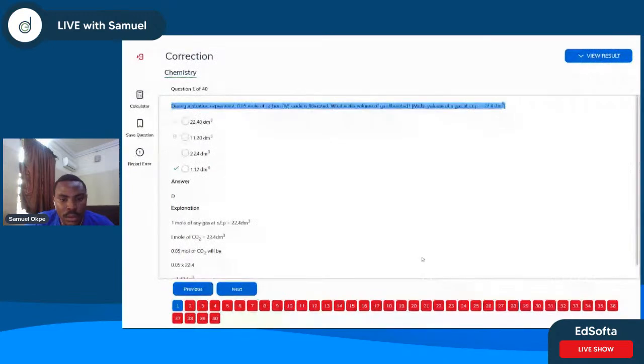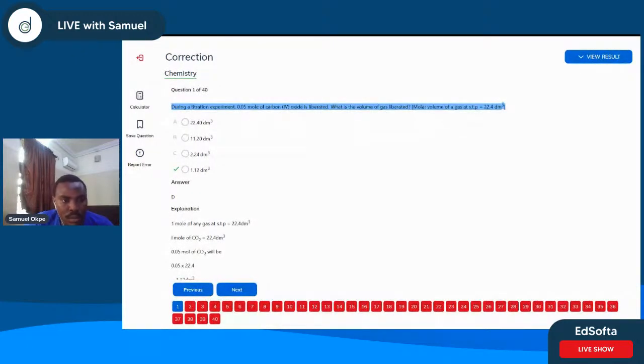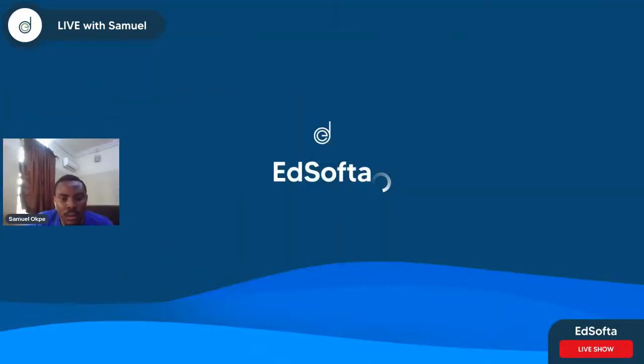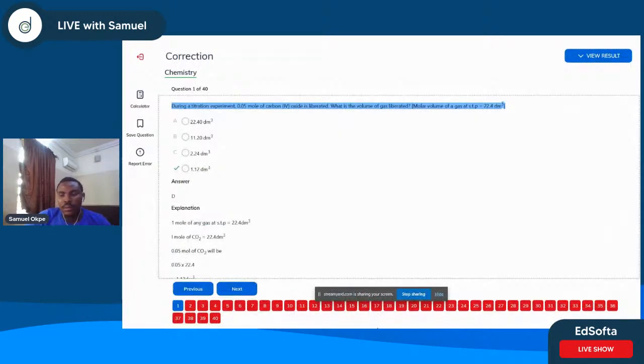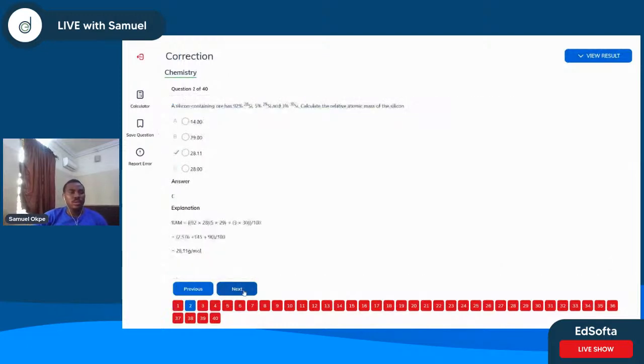Okay, so if you can see this, you will see that the answer to the above question is 1.12, as we got in our calculation. So let's look at the other question.